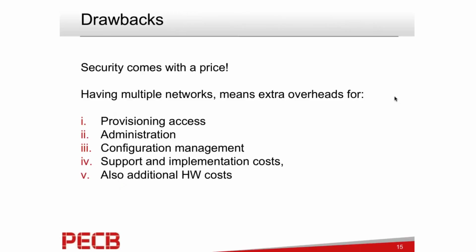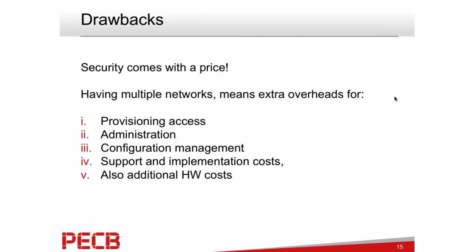So is it that easy to mitigate? Well, another famous statement: security always comes with a price. If you're planning to have multiple networks, that means you cannot get away with it easily. There are drawbacks.